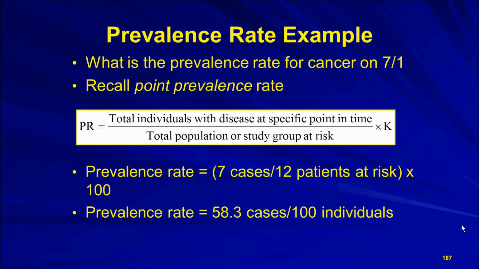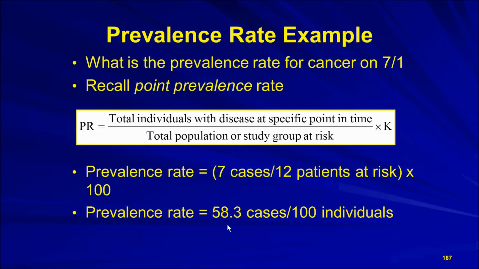Otherwise, I would have to multiply the other one by 1,000, and if I did that here, it would be 583 per 1,000. But we also have the burden of wanting to communicate with an audience about the prevalence rate of a disease within a certain small group or population. Okay?